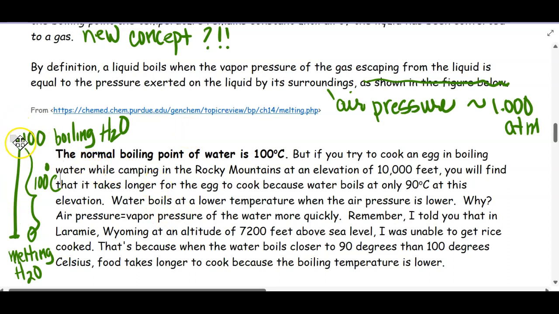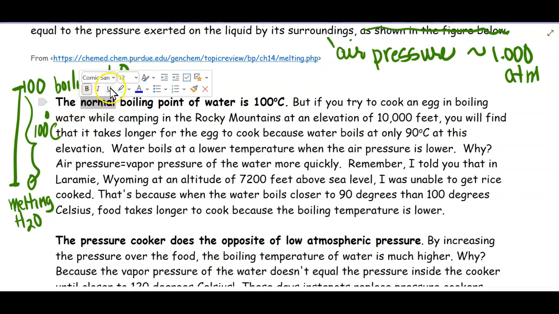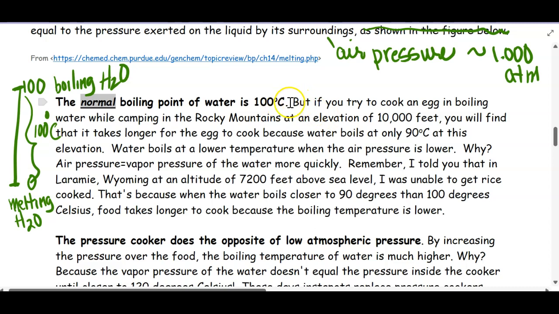And then they extrapolated above 100 and below 0. Now, I talked about this the other day. The normal boiling point of water is 100 degrees C, and all over the world that's true, except we think in Fahrenheit.